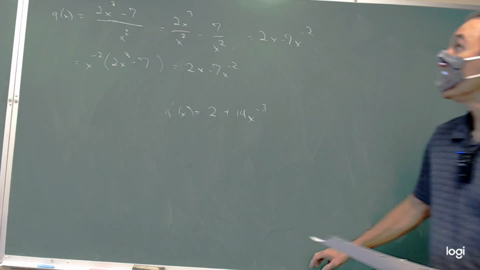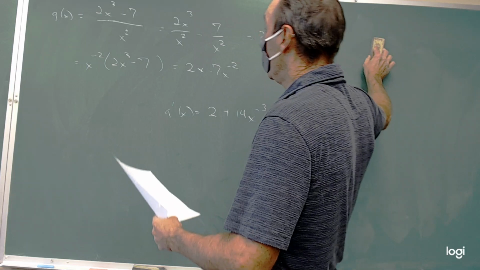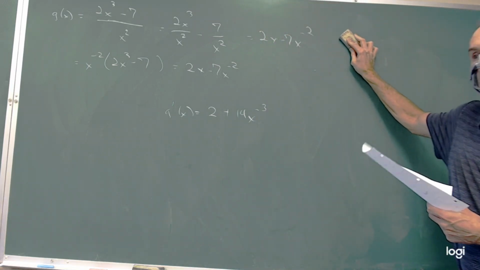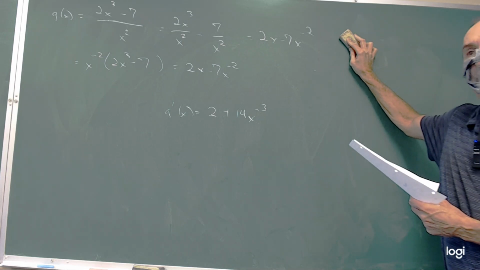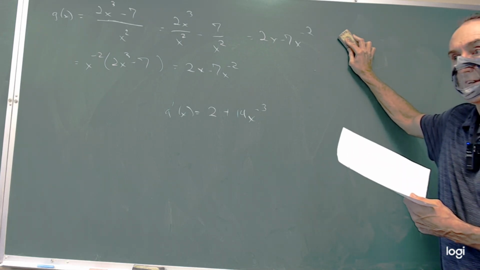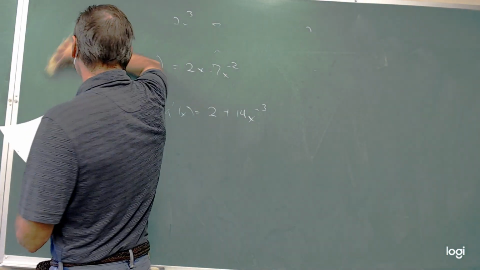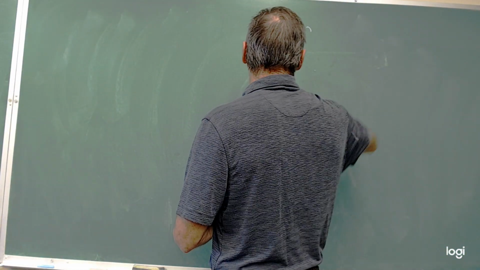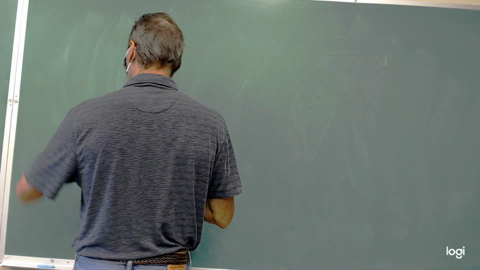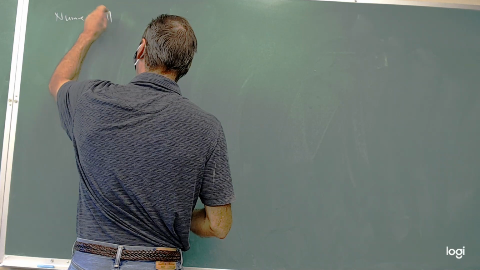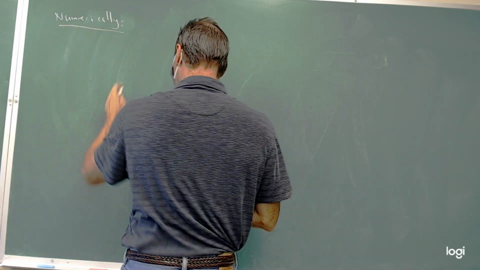Okay, so let's look at this now. We've done this with derivatives as equations, and we still want to be able to do product and quotient rule when our functions are given as tables or as graphs. So let's see if we can explore that. So this is now numerical representations of functions.